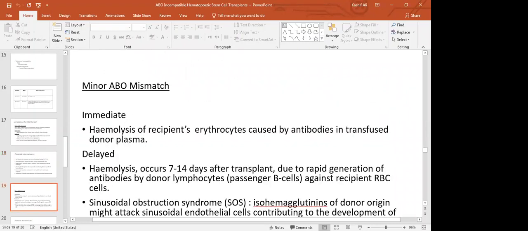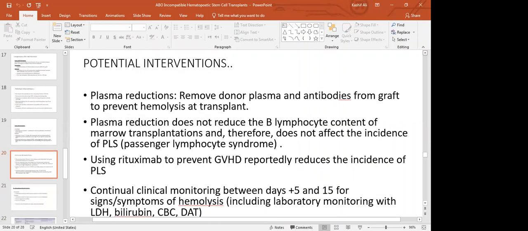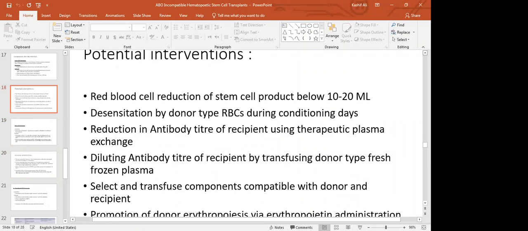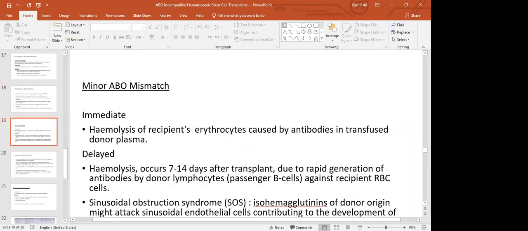In minor ABO mismatch, immediate hemolysis of recipient's erythrocytes is caused by antibodies in transfused donor plasma.